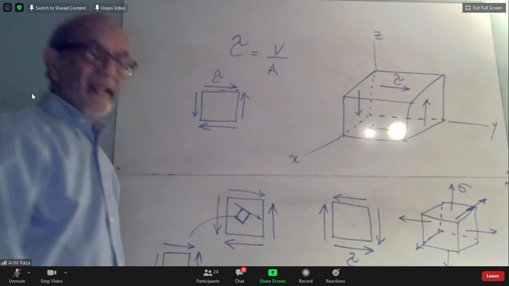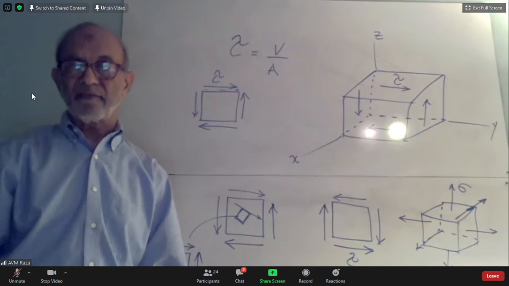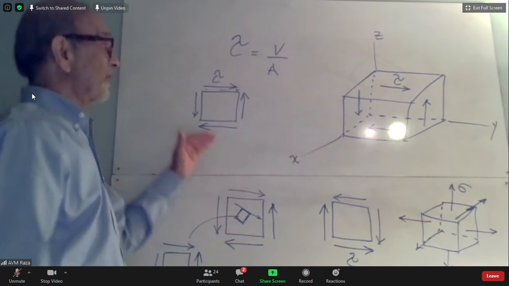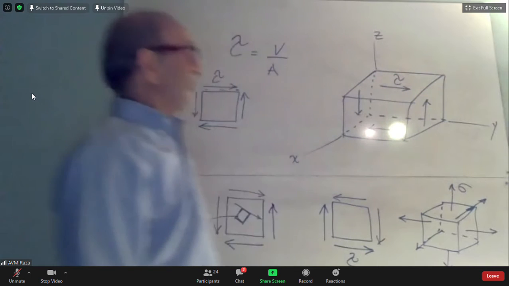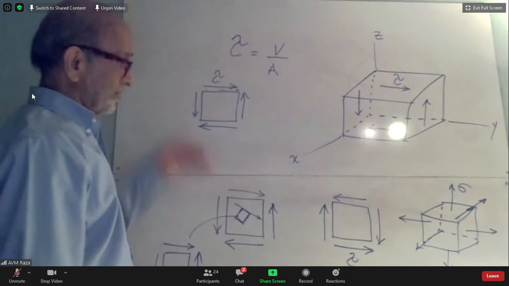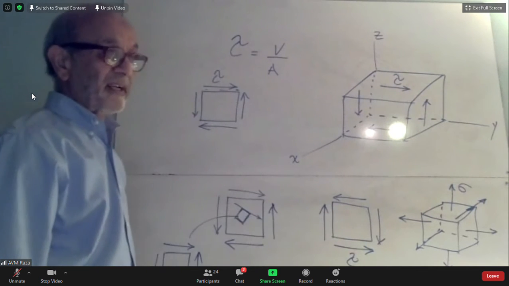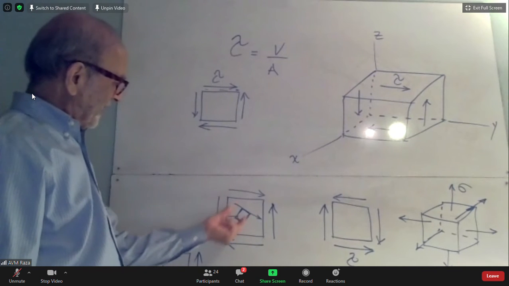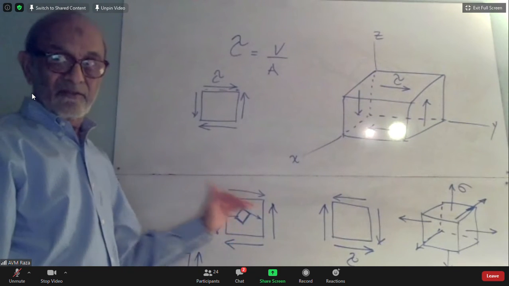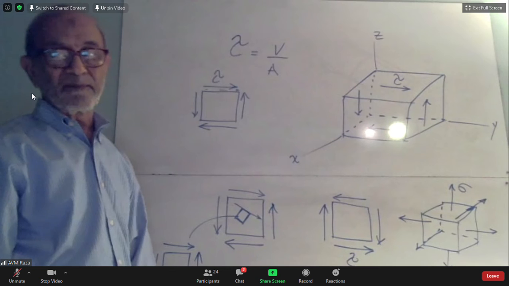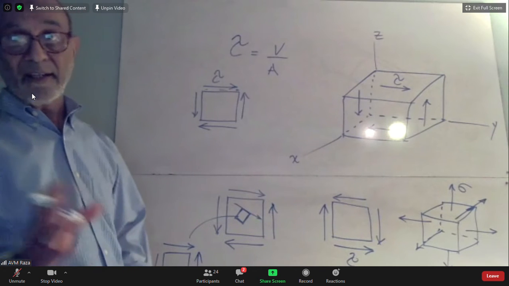It could be at an angle also. In other words, it's not necessary that tau is always in this direction in a member. Stress can also be in a different direction, but then we tend to take it so that it becomes parallel to the top surface. Did that answer your question?